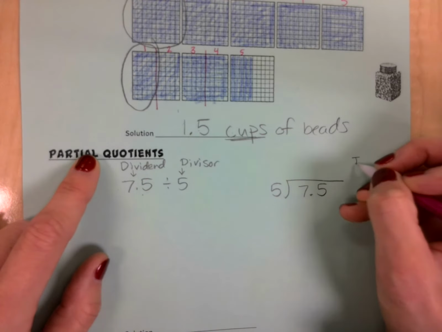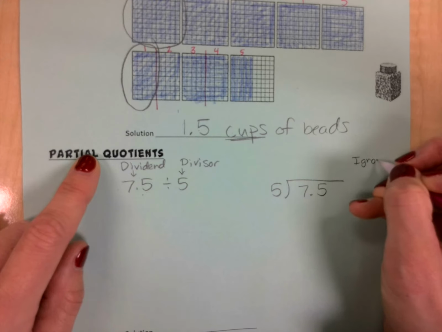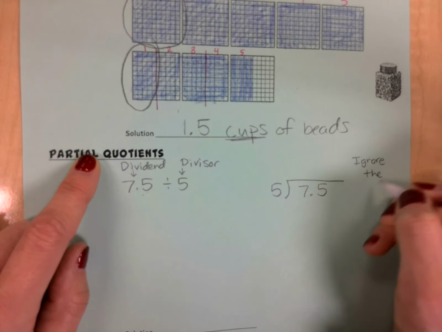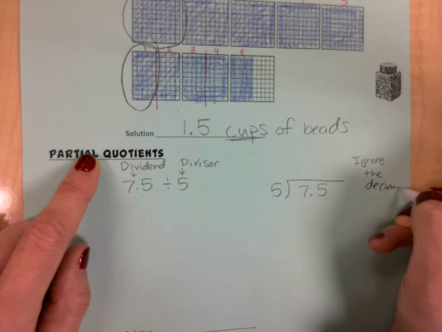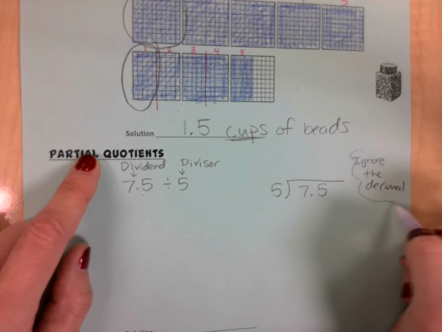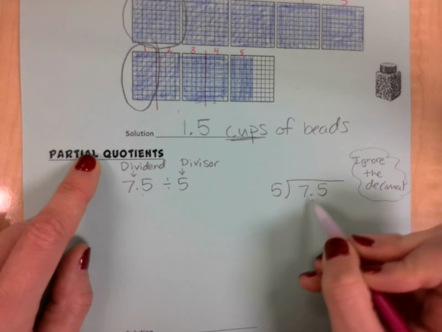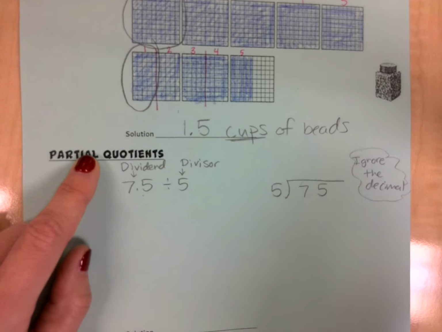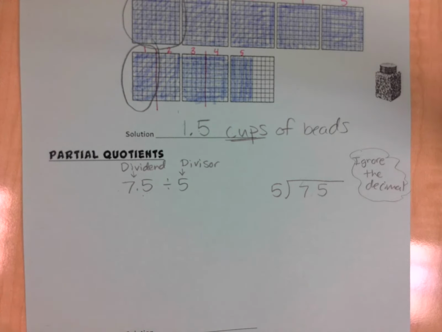It's back, just like we did with multiplying decimals. We get to ignore the decimal point. So we are going to divide as if it doesn't exist at all. If it didn't exist at all, it would be just a lovely little 75 there, right?